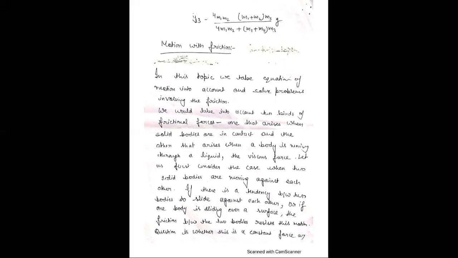Now next is equation of motion with friction. Friction also restricts the motion of bodies. Friction arises when one body is in contact with other bodies. It means one body slides over the other bodies. When both the bodies are in contact, then there is friction.